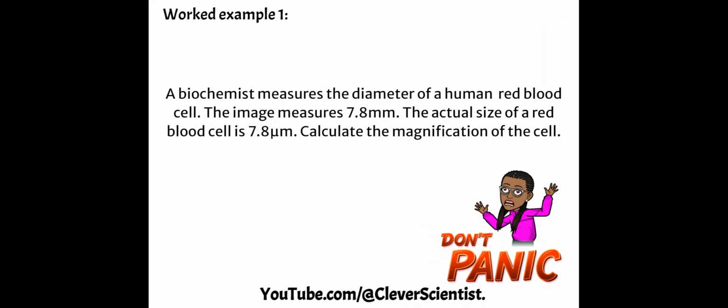Okay, let's have a look at this worked example. A biochemist measures the diameter of a human red blood cell. The image measures 7.8 millimetres. The actual size of a red blood cell is 7.8 micrometres. Calculate the magnification of the cell.